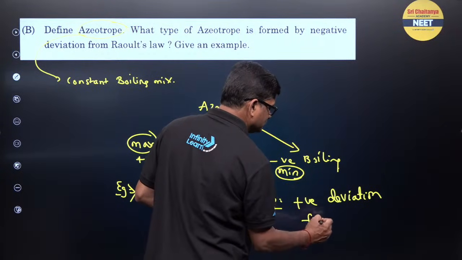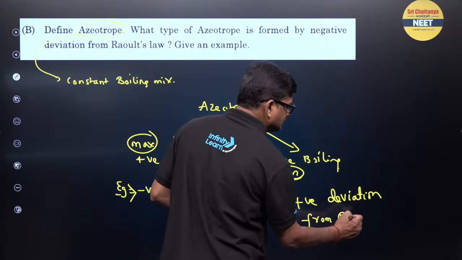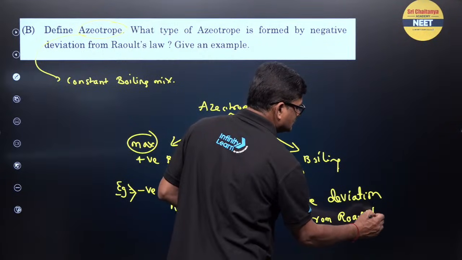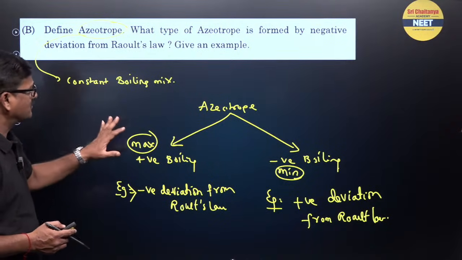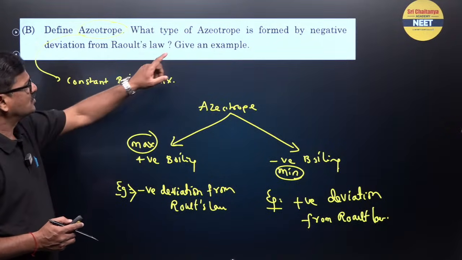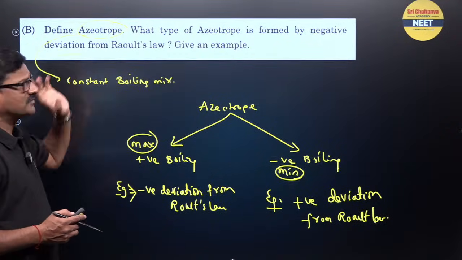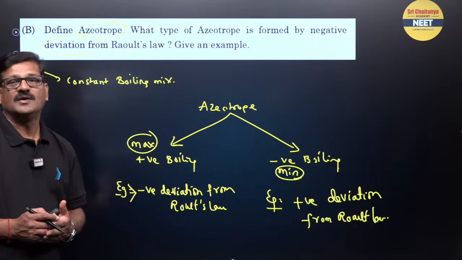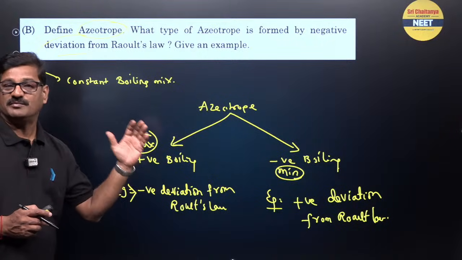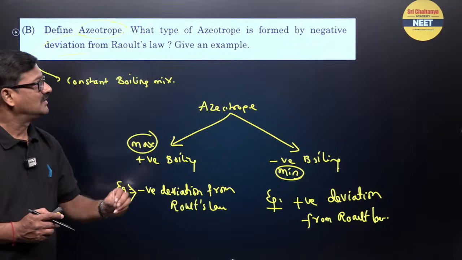It should be positive deviation for a minimum boiling azeotrope. Okay.